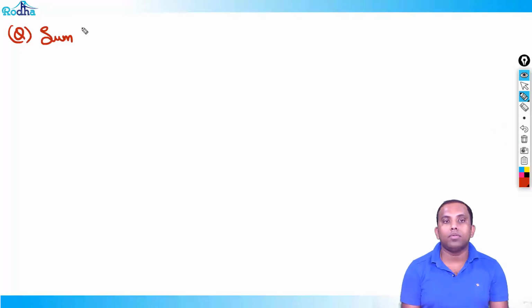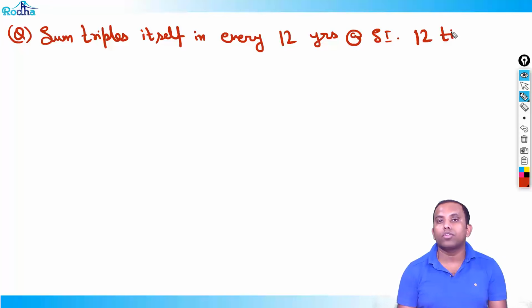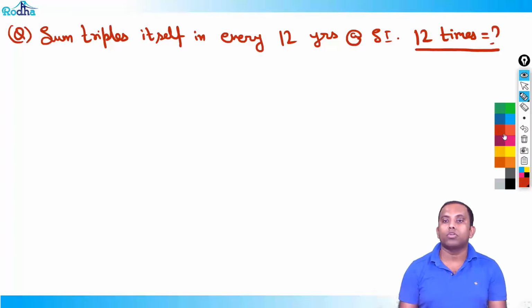Next one: a sum triples itself in every 12 years at SI. In how many years will it be 12 times of itself? This is the question. Again, same thing we'll do. A sum triples itself in every 12 years.